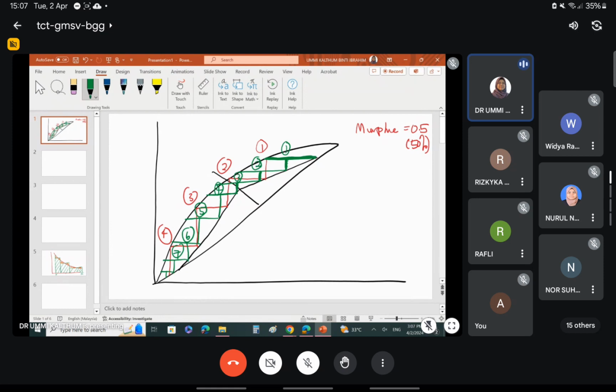So, ideal stages biasanya less than actual stages. Okay, actual stages must be more than ideal stages. So kalau kat sini tengok, ideal stages is 4, actual 1, 2, 3, 4, 5, 6, 7. 7 stage. Boleh?